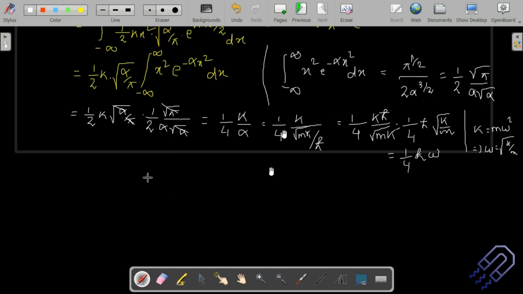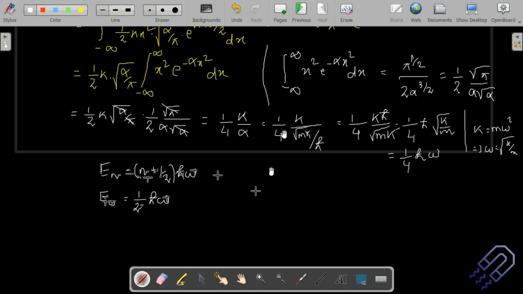So if I do that, do I get my answer? Yes, we get it right. We already know what En is. En is equal to n plus half ħ omega. And if you take the zero point energy E naught, n is 0, so it is 0 plus half, so it is half ħ omega.